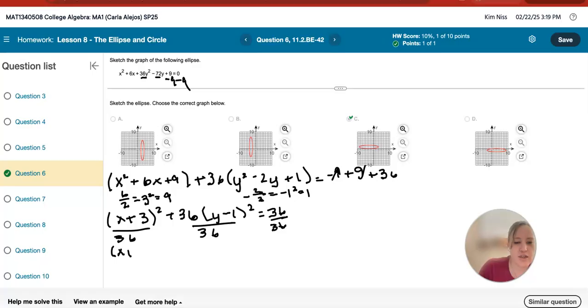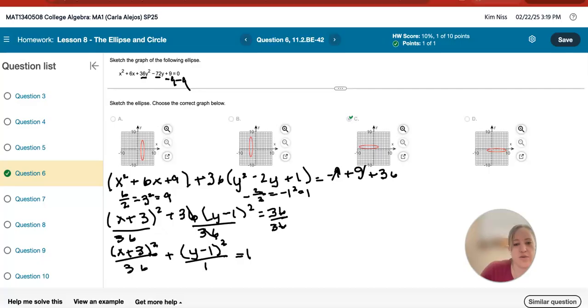So we end up with x plus 3 squared over 36 plus y minus 1 squared over 1 equals 1.